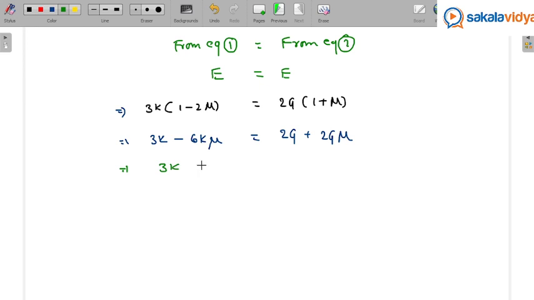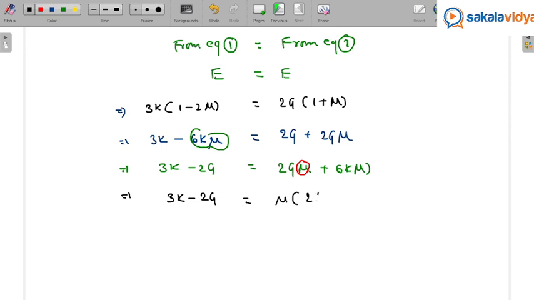So 3K minus 2G is equal to, with 6K mu going to the right hand side, 2G mu plus 6K mu. Here mu is common, so 3K minus 2G is equal to mu times (2G plus 6K).